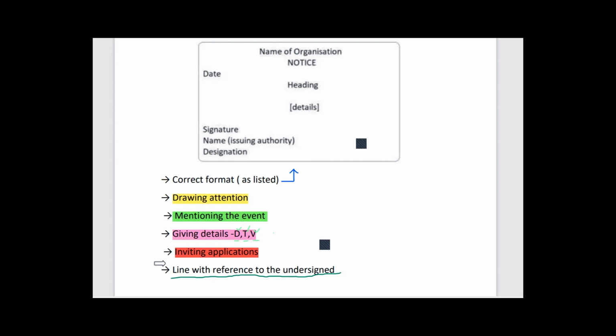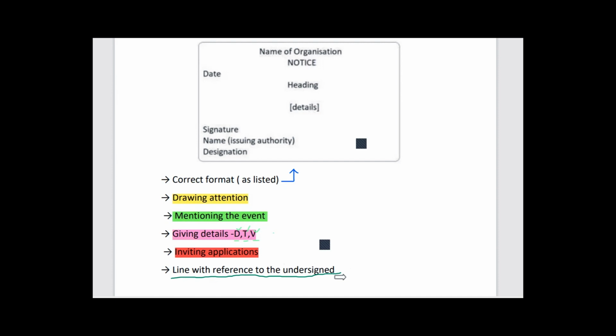One question that I often get is, how do we end the notice? It's a very simple line where you are asked to contact the undersigned for further details or clarifications. Do we have to use the word undersigned? Remember, notice writing is a formal piece of writing, and this kind of terminology is important.